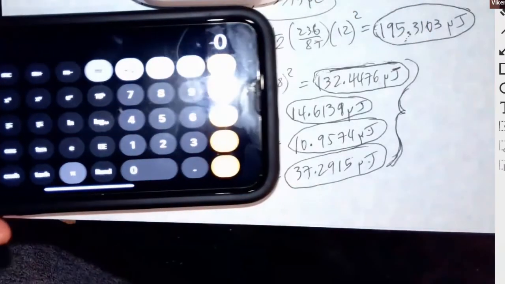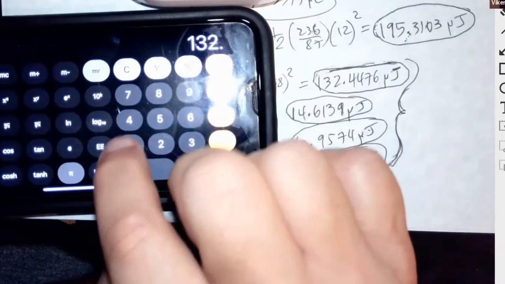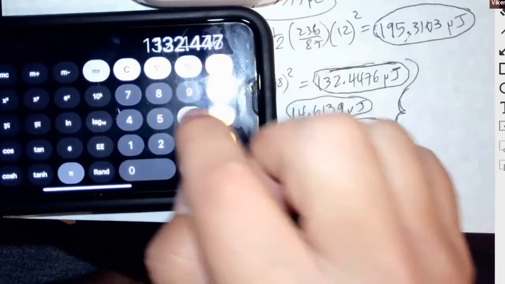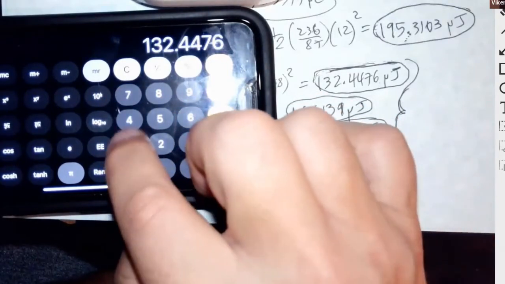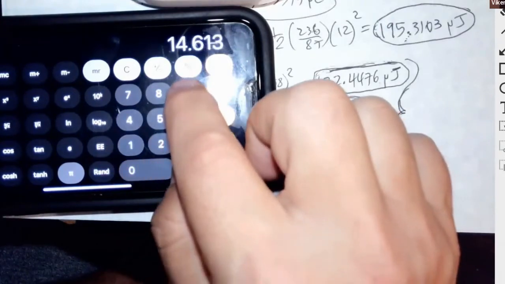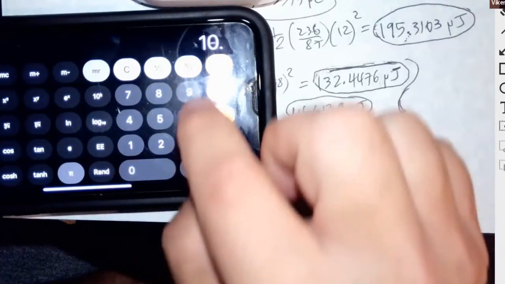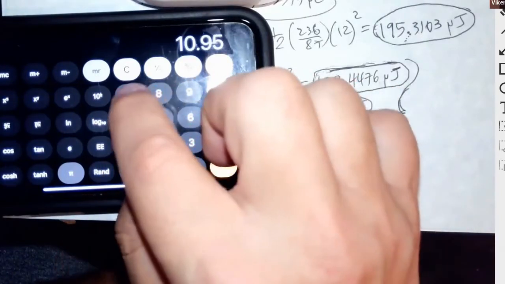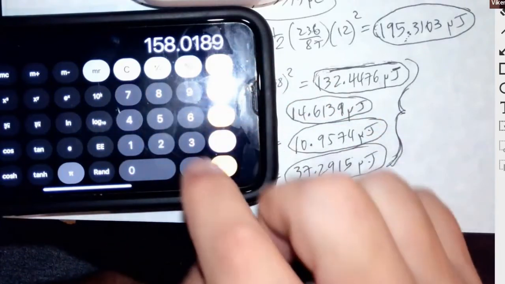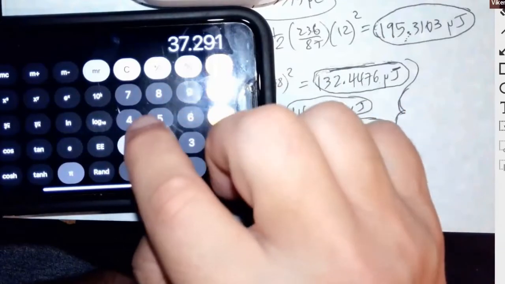Okay, so then 132.4476 plus 14.6139 plus 10.95 plus 37.2915.